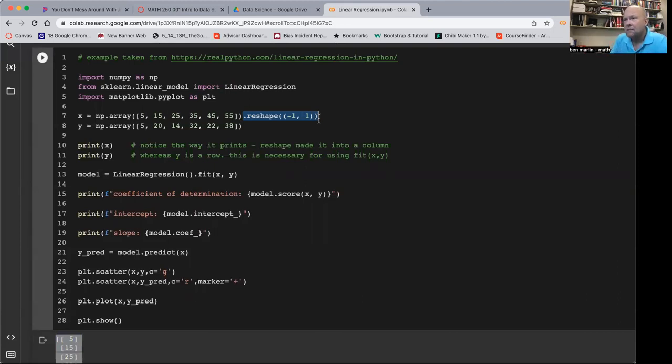Okay. But it prints the X and the Y. And then here on this line, model equals LinearRegression().fit of X, Y. So LinearRegression is the object that we have read out of the sklearn library.